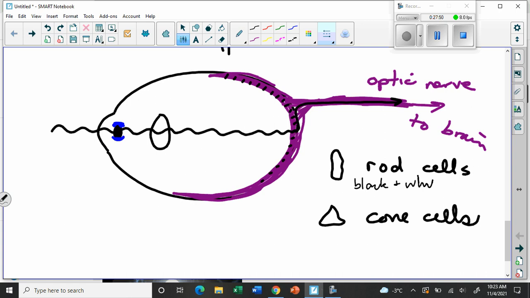In other words, they have the ability to light up, or send a signal, I should say, when light hits them, but they can't tell the difference, whether it's green or blue or yellow. It's just something that's light. So it basically tells us there's something there, but it doesn't tell us much about the color. Whereas the cone cells come in 3 different kinds.